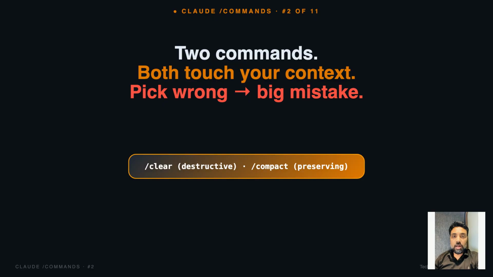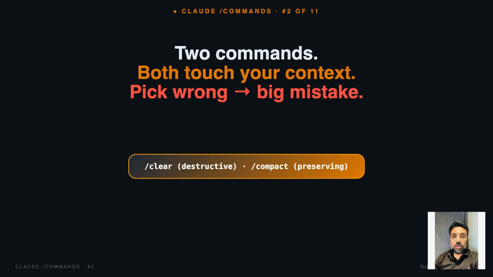Okay, let's dive in. 3 things to anchor on. 1, /clear is destructive. It wipes everything. After running it, Claude has no memory of your previous conversation. It's a fresh start. 2, /compact is preserving. It summarizes older messages into a shorter representation but keeps the thread alive.